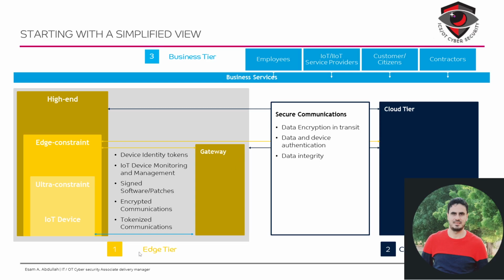And the gateway for the edge tier can have three layers as well: high-end edge, constrained, and ultra-constrained IoT devices. From the gateway, we are supposed to assure device identity tokens, IoT device monitoring and management, single software patch, encrypted communication, and tokenized communications as well.